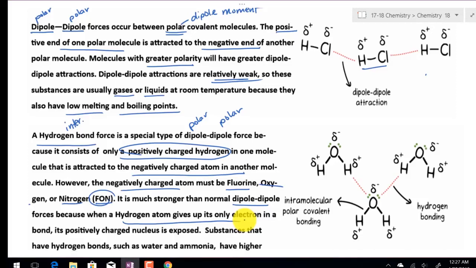And we have exposed positive charge, of course, it's going to increase the positivity. It will attract to a very electronegative atom. That means you have higher charges of negative and higher charges of positive. Of course, the attraction will be greater. The greater the positive and negative charges, the stronger it will attract. And that's the reason why it's unique, and why hydrogen bonding forces are a lot stronger than dipole-dipole forces.